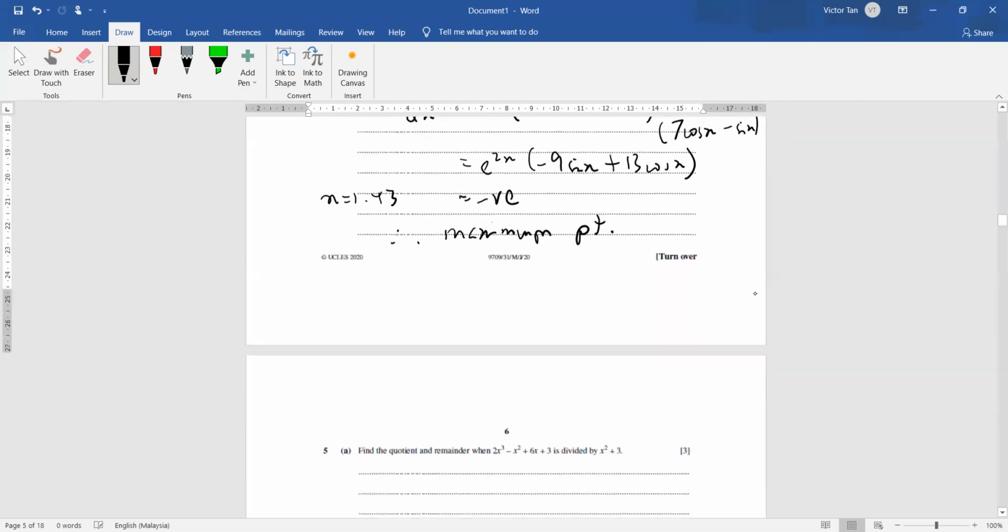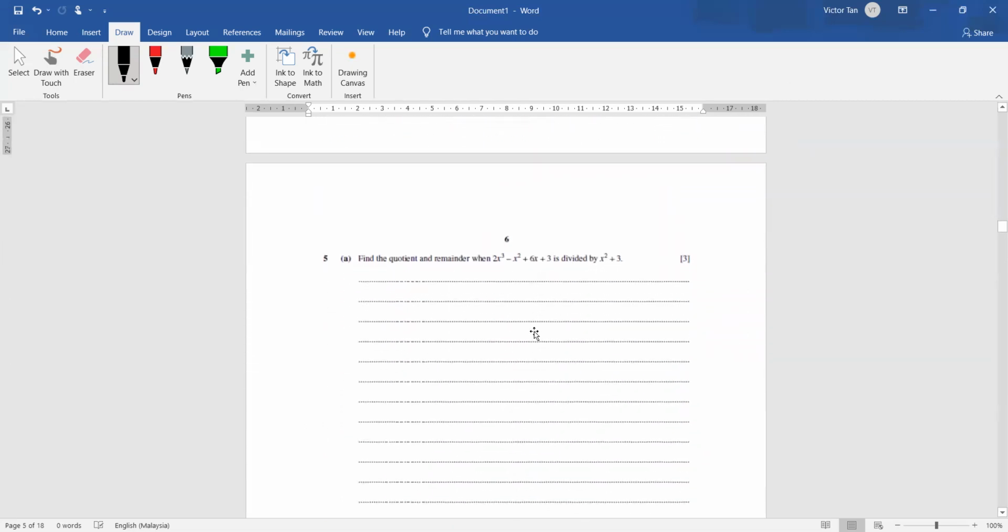Hopefully no more technical error. Find the quotient and remainder when 2x cubed minus x squared plus 6x plus 3 is divided by x squared plus 3. When you divide by a quadratic, you do a long division. You times by 2x, you get 2x cubed plus 6x.